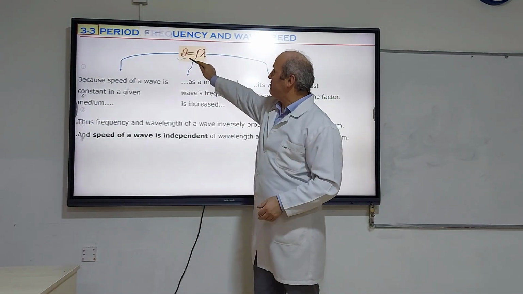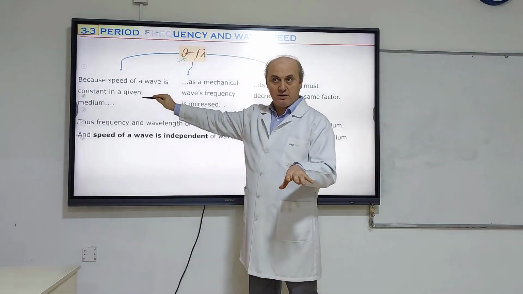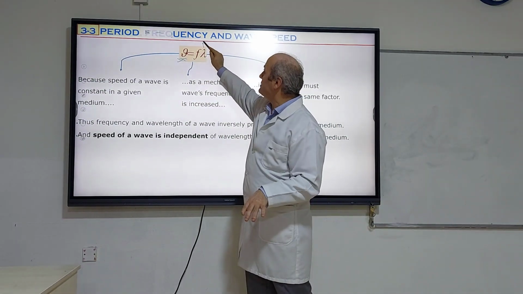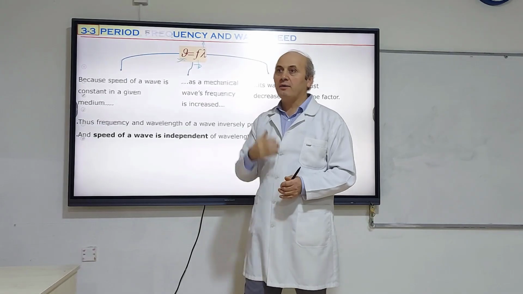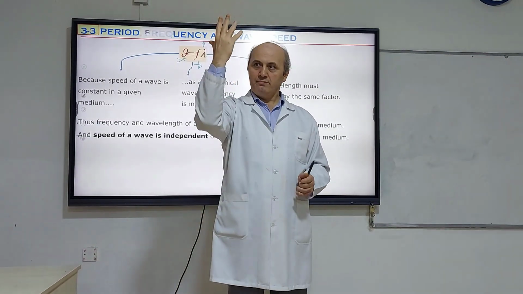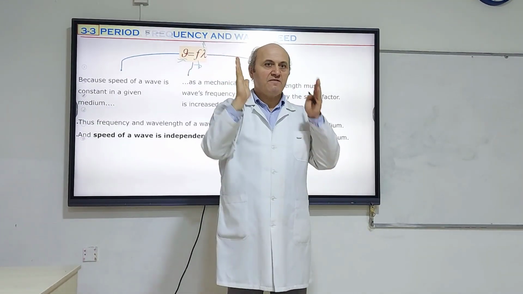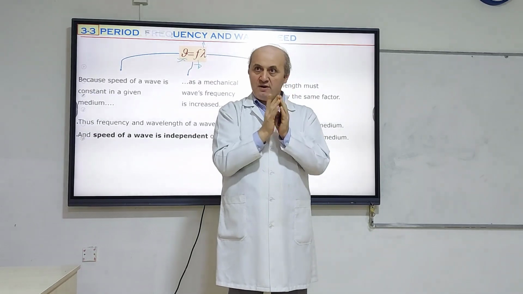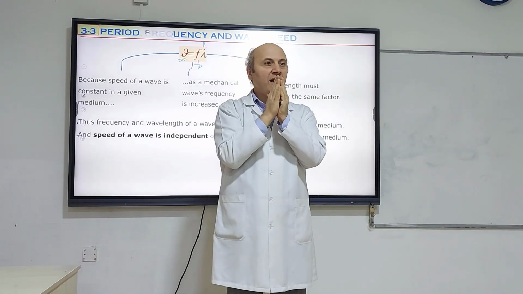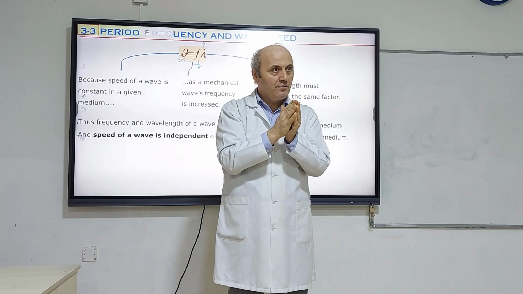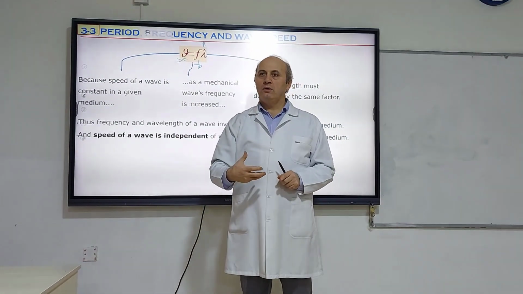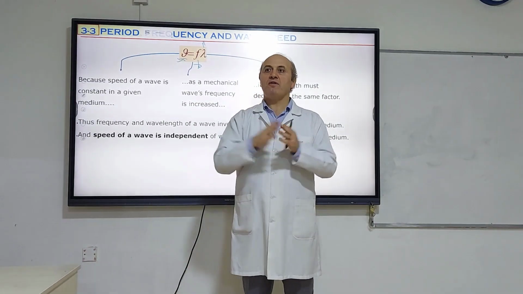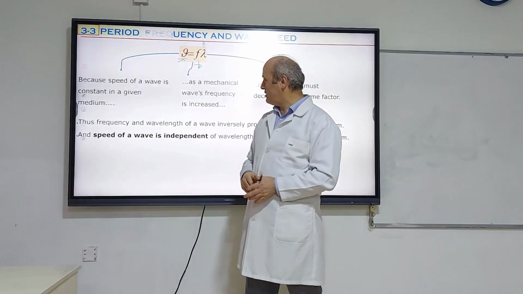But if V is constant in a given medium, lambda and f are inversely proportional. That is, if you scream at high frequency, the wavelength gets shorter. Frequency higher, wavelength shorter. If you make a low pitch sound, this time frequency is lower, wavelength is longer. They're inversely proportional.